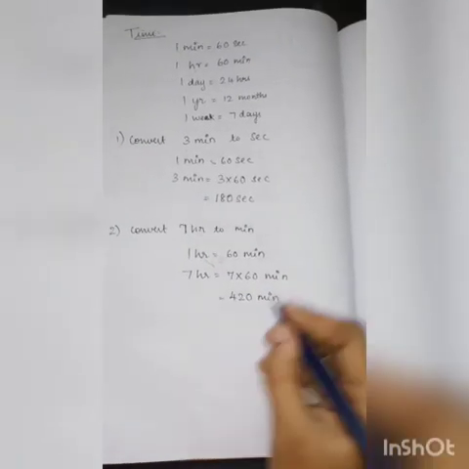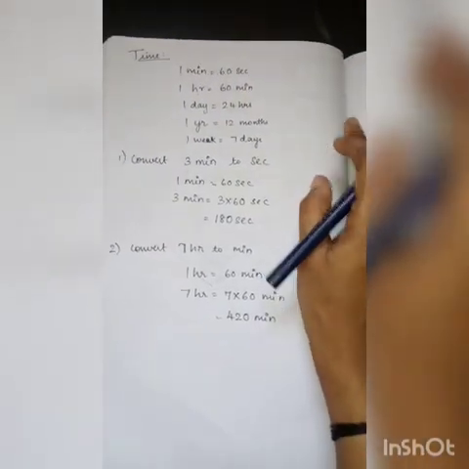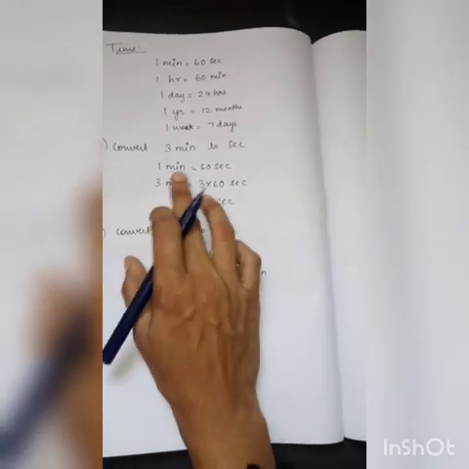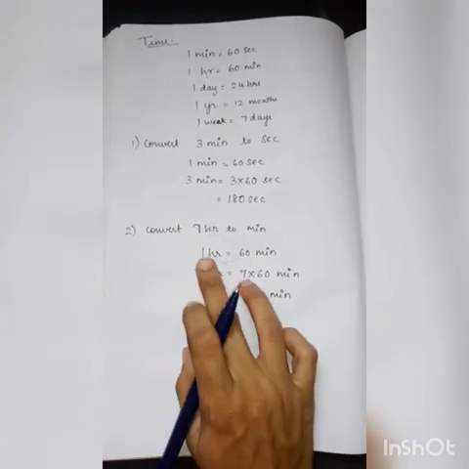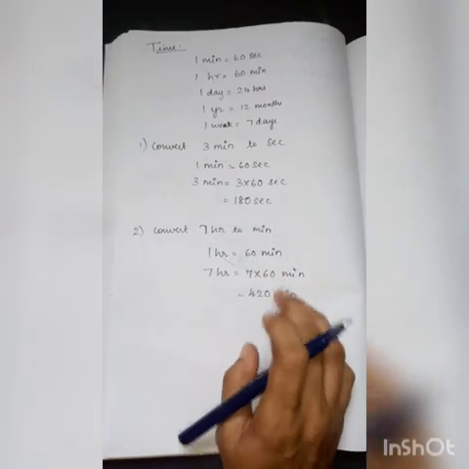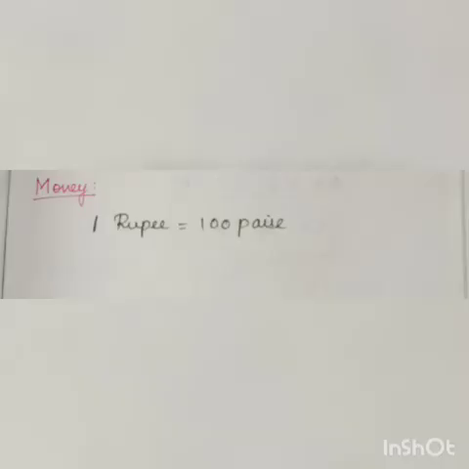This is how you should do. The others are all simple formulas, you should keep them in your mind. So these are the two formulas: 1 minute is equal to 60 seconds, then 3 minutes is equal to 3 into 60 seconds. Here 1 hour equal to 60 minutes, so 7 hours equal to 7 into 60, 420 minutes. Understood?